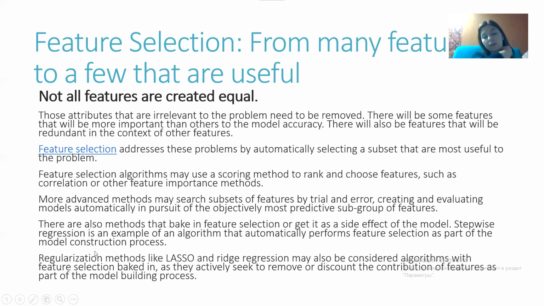So stepwise regression and lasso allow you to automatically rank features in order of usefulness or influence to your model.